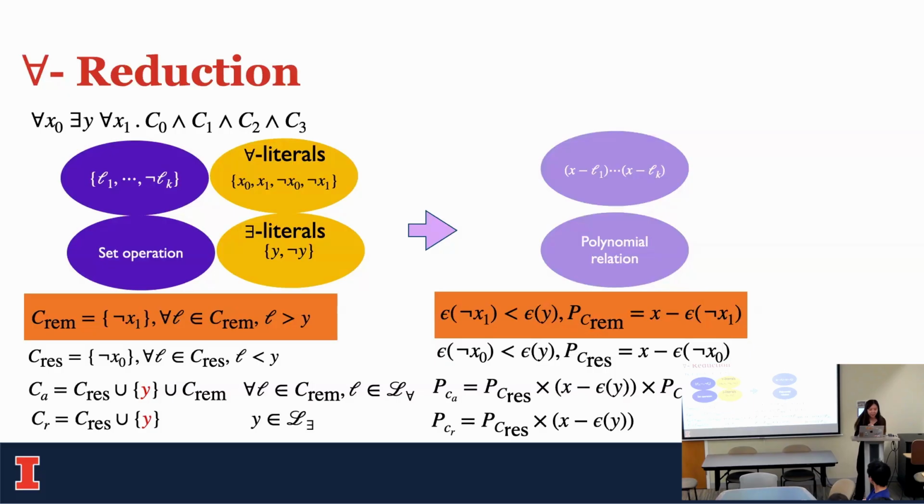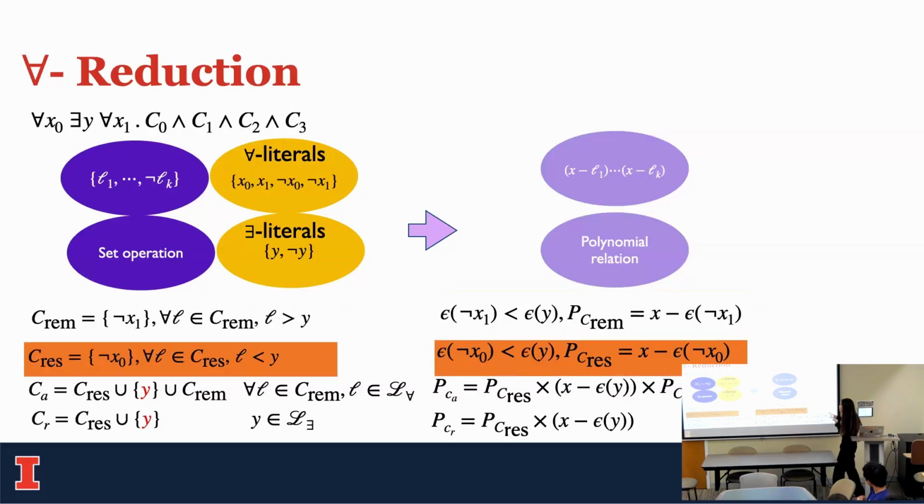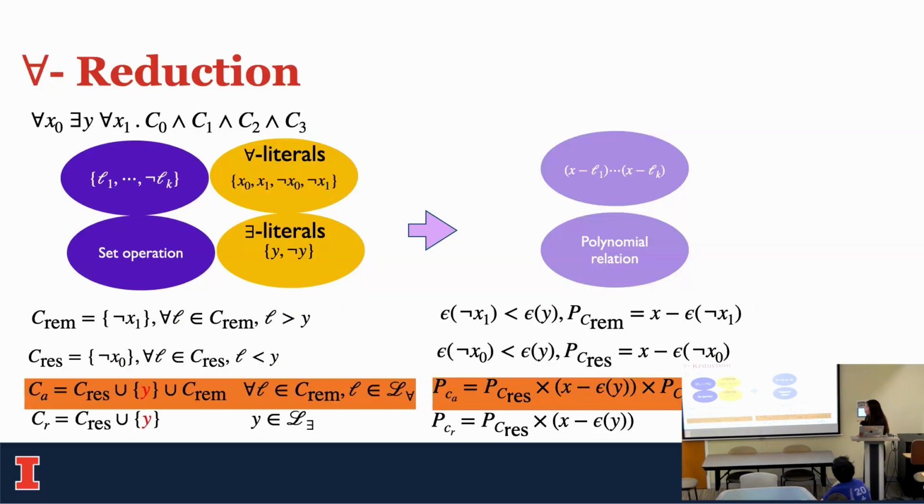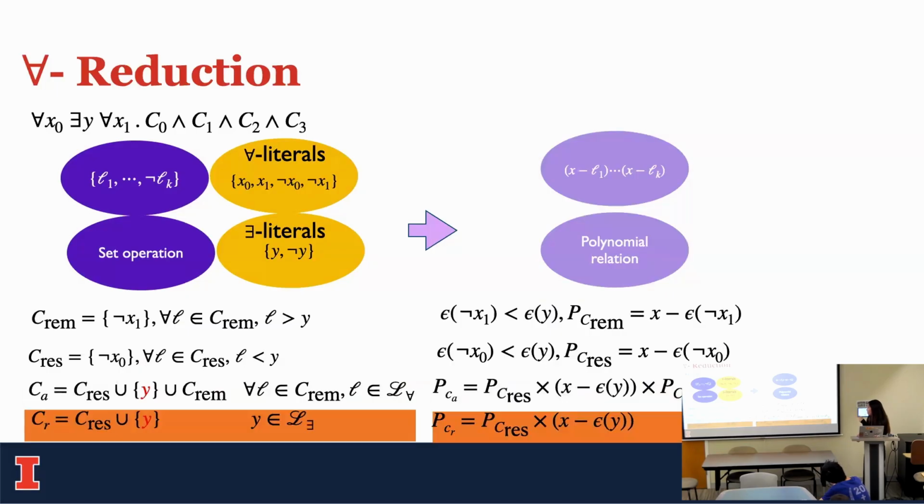for-all reduction. And this checks the order correctness in the result part and the construction correctness of the clause in the result part. And this is for the correctness of clause A and the correctness of clause R, as well as the type correctness of the literal removed and the type correctness of the largest existential quantified literal.